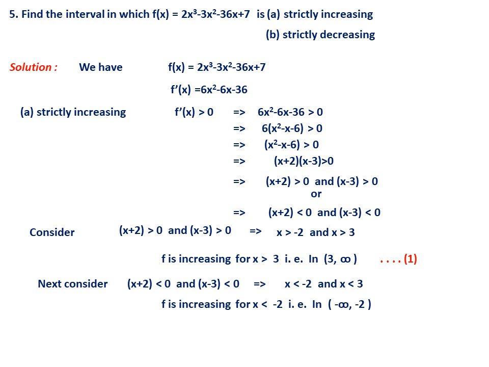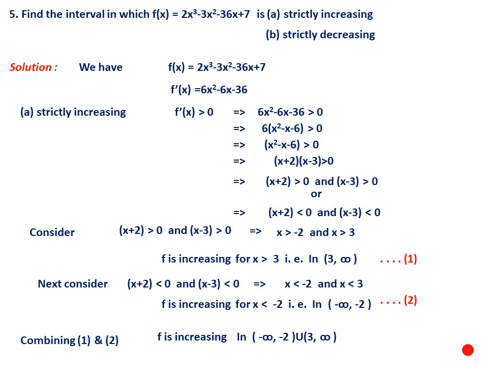Combining this, we get f is increasing in the interval x less than minus 2, that is minus infinity to minus 2. This is the second case. So combine, one interval is 3 to infinity, another interval is minus infinity to minus 2. Therefore combining, we get f is strictly increasing in the interval minus infinity to minus 2 and then 3 to infinity. So this is the first part.